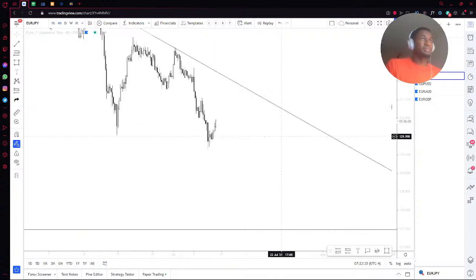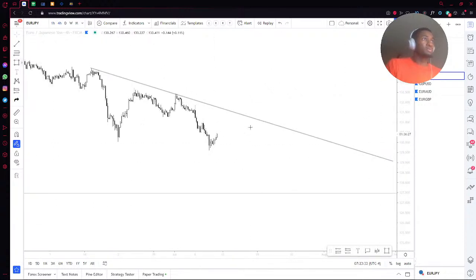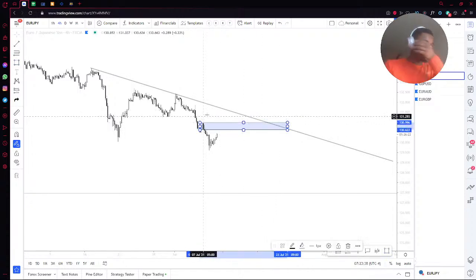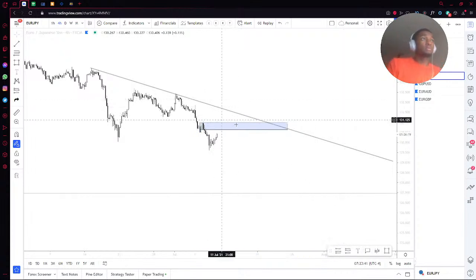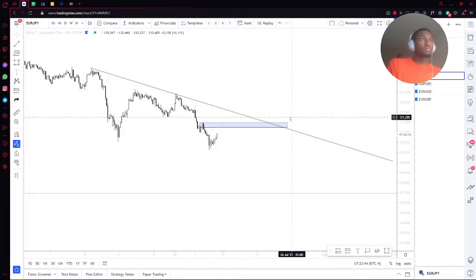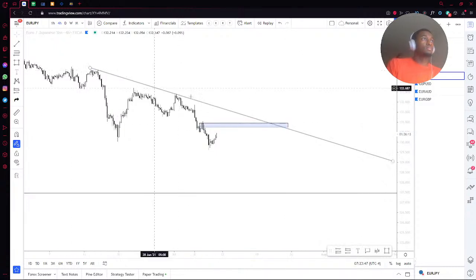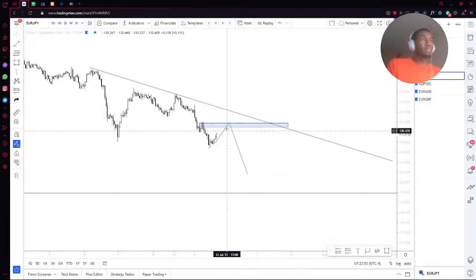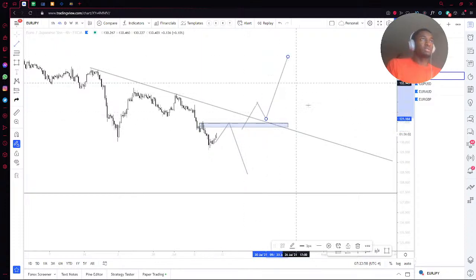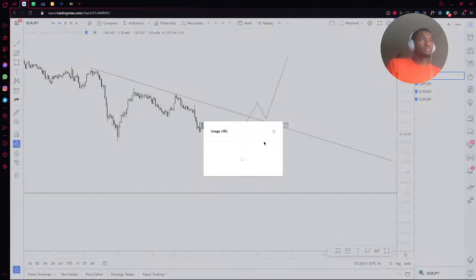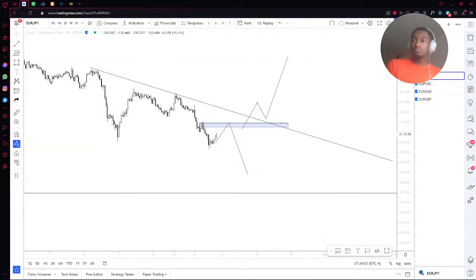So the setup here for the moment, look for a selling opportunity there, or if price breaks the trend line, look for a correction and look to buy. And you just have to wait for the confirmations in both those situations.